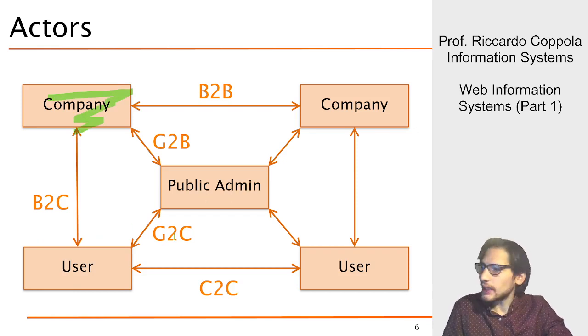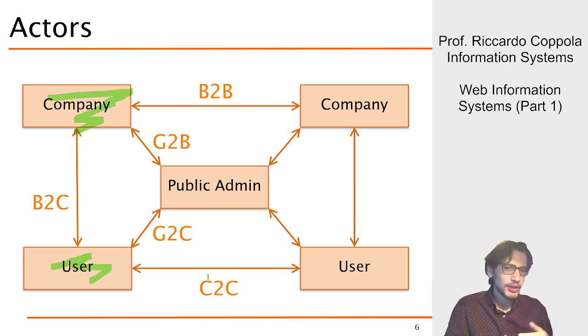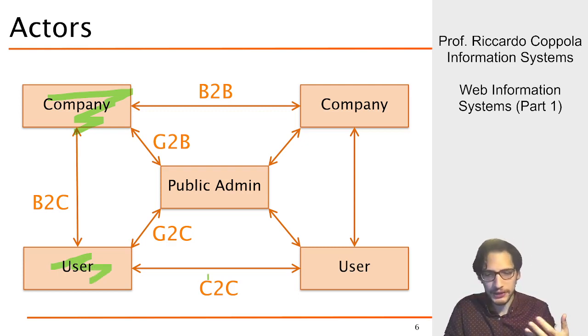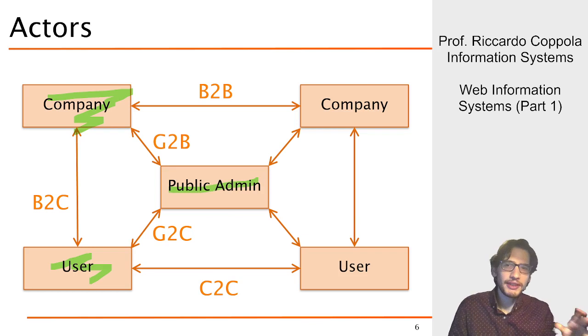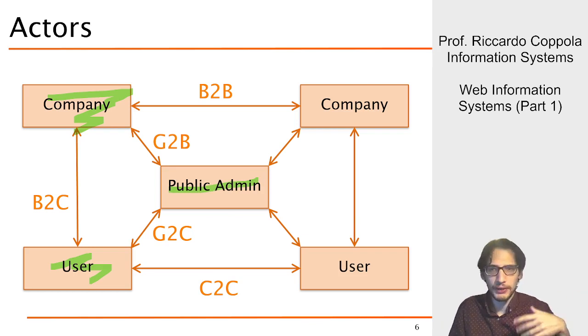Of course, we can have users, to which this information system is presented, to which the information system offers features. We can have also public administration. So this is not the admin of the information system, but we are talking about, let's say, government or administration of the state, or any kind of other administration that is outside the company.